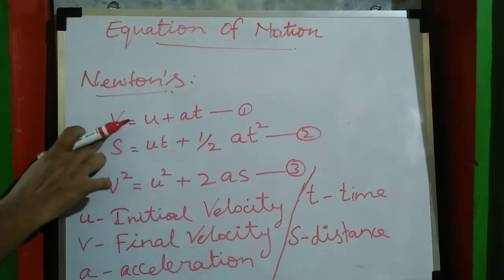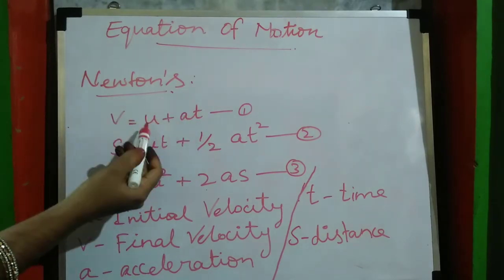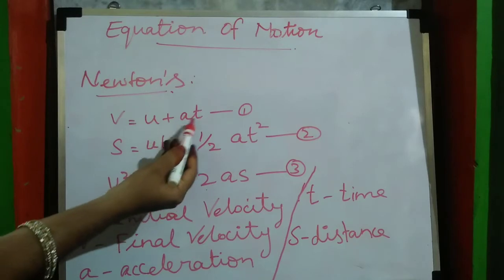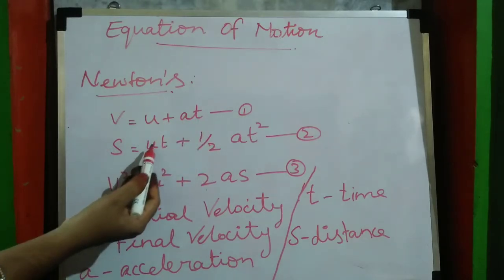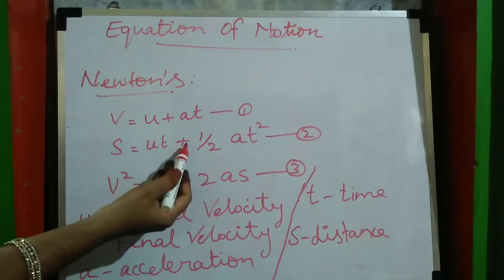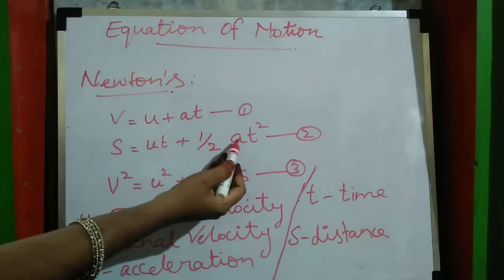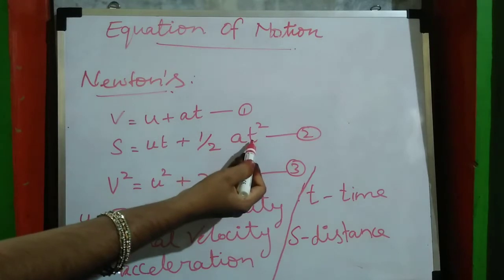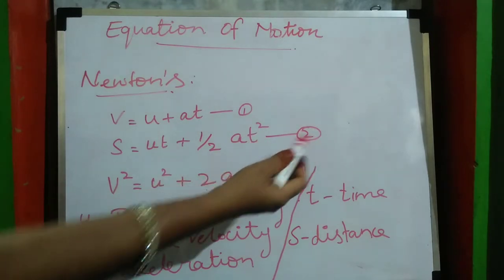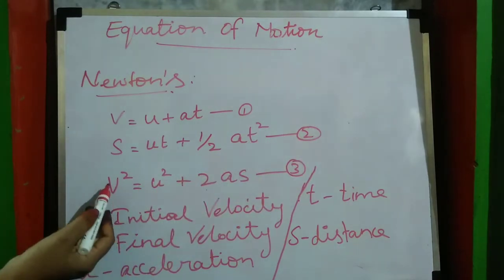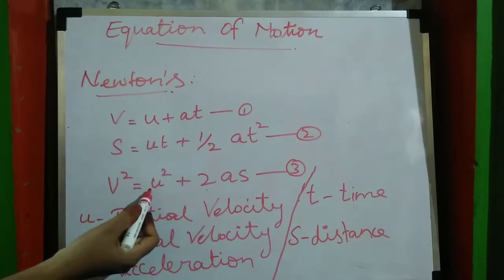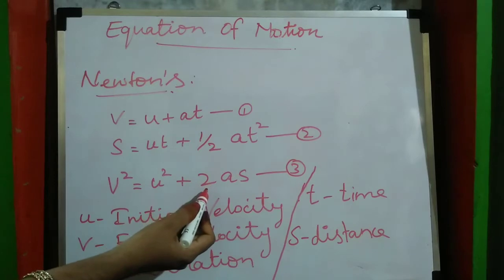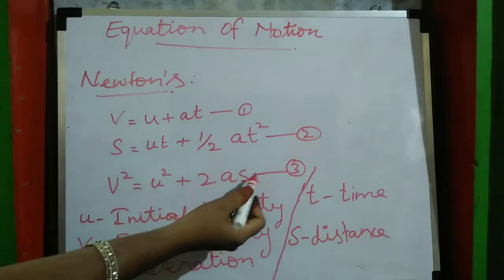The first one is velocity is equal to initial velocity plus acceleration into time. And the second equation, distance is equal to initial velocity into time plus half of acceleration into square of time. And the third one is the square of velocity is equal to square of initial velocity plus 2 acceleration into distance.